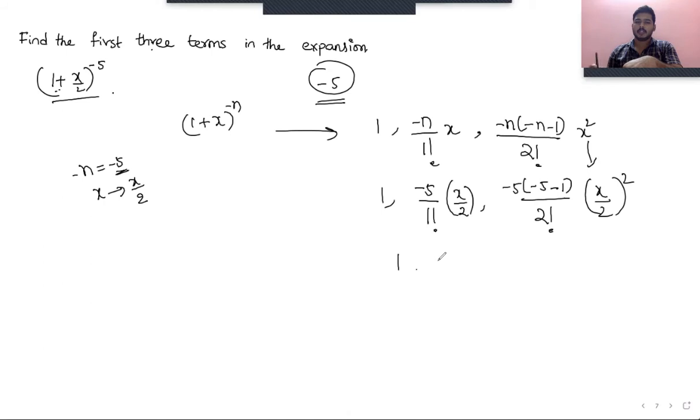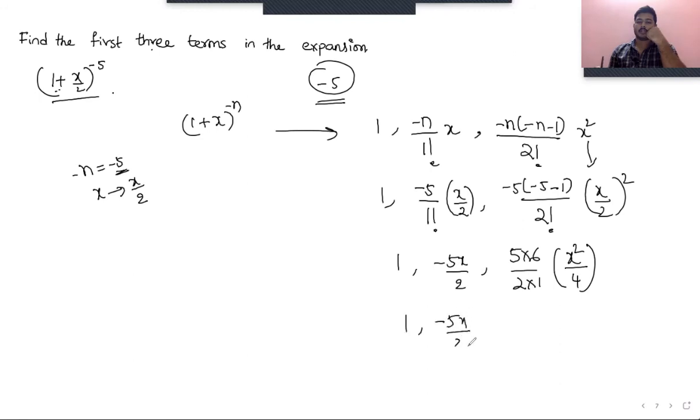That is 1, minus 5x by 2, 5 into 6 by 2 into 1 into x square by 4. This can be simplified, the 4 remaining in the denominator, giving 15x square by 4. So these are the first 3 terms of this expansion.